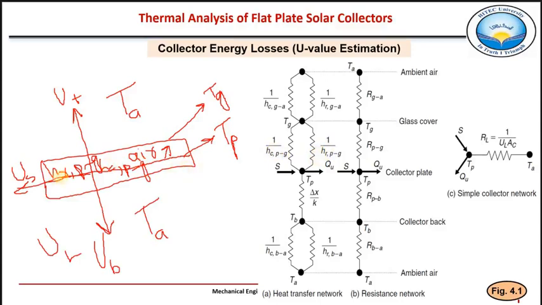So for the heat transfer coefficient HCPG, 1 divided by HCPG becomes a thermal resistance. Similarly, 1 divided by HRPG becomes a thermal resistance. So here we have shown these heat transfers in terms of thermal resistance, right?